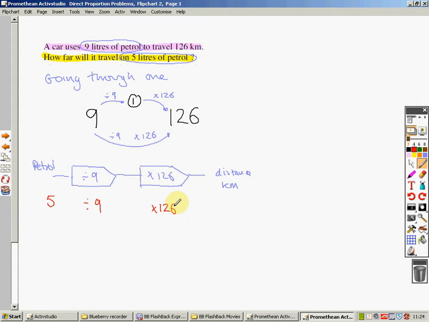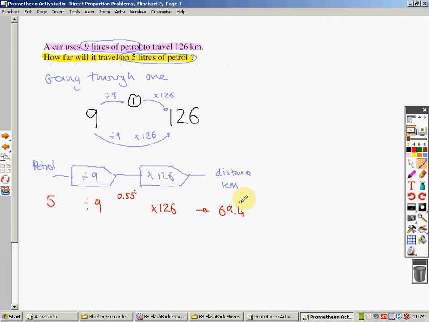So 5 divided by 9 is 5/9, which is 0.5 recurring. I'm going to leave it in my calculator as that recurring decimal. I'm then going to times that by 126, and I've got an answer of 69.4 recurring.